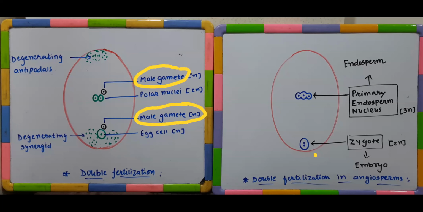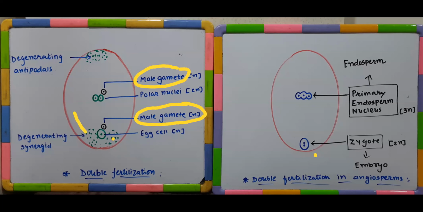Obviously, haploid male gametes. Inside the cytoplasm of the degenerated synergid, as you can see, two male gametes are discharged.